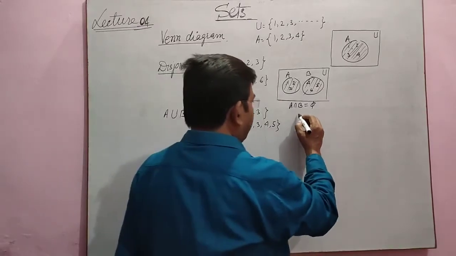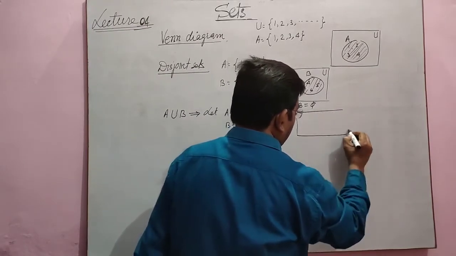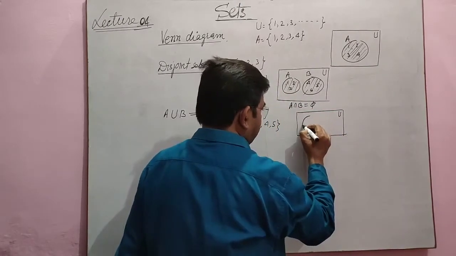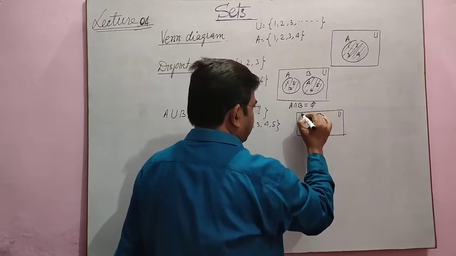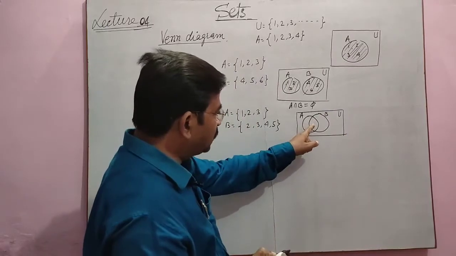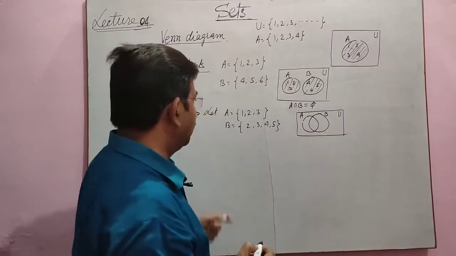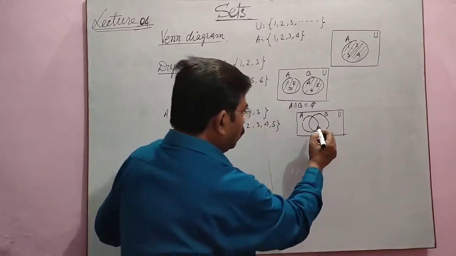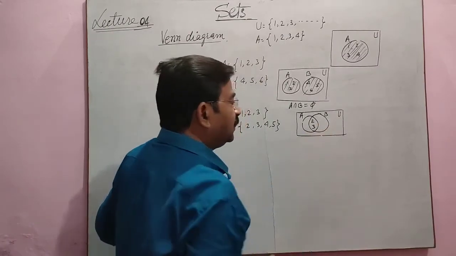When we form the Venn diagram, this is universal set, this is set A and this one is set B. This portion is common between A and B. So in set A and B, what are common? 2 and 3. So in common portion, first we write 2 and 3.